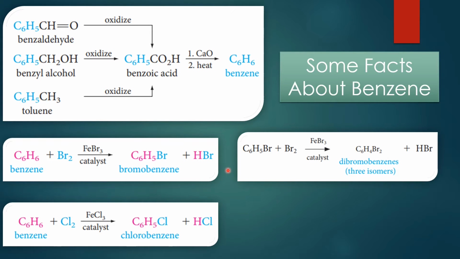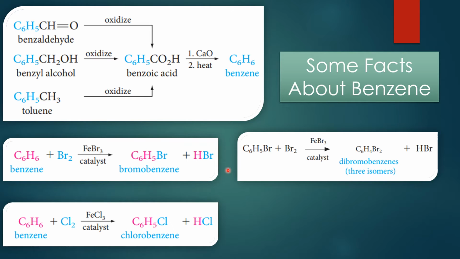When bromobenzene is treated with a second equivalent of bromine and a catalyst, three dibromobenzenes are obtained. The isomers are not formed in equal amounts. Two of them predominate and only a small amount of the third isomer is formed. The important point is that there are three isomers, no more and no less.